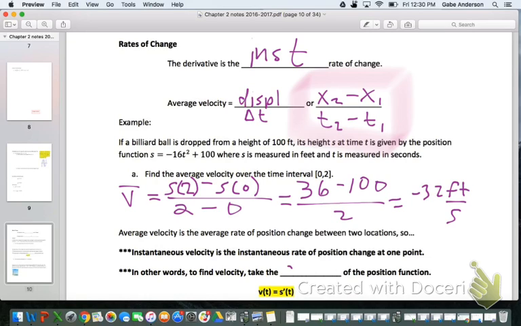Take the derivative of the position function, and you can see that little formula highlighted in yellow right there. Velocity is equal to s prime. That would be describing the relationship between velocity and position functions. Just differentiate position to get velocity. We'll do an example with that right now.